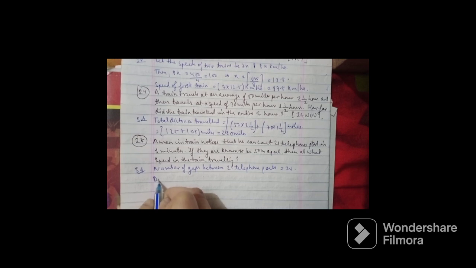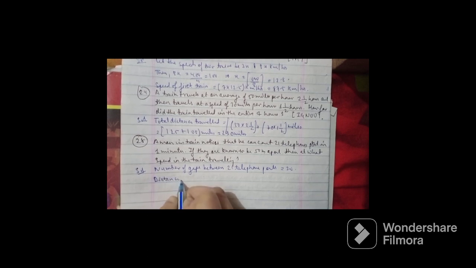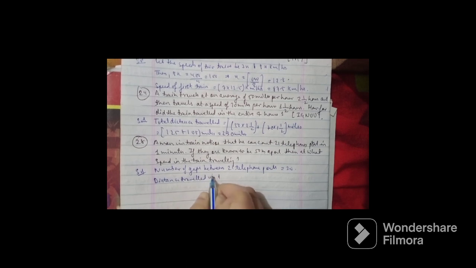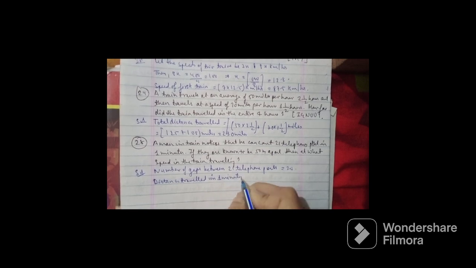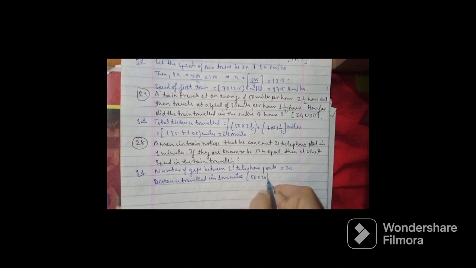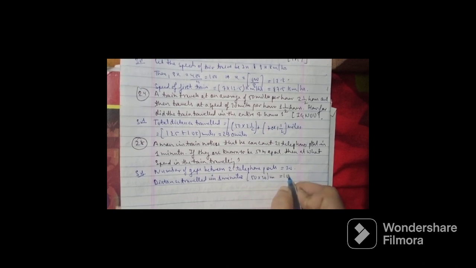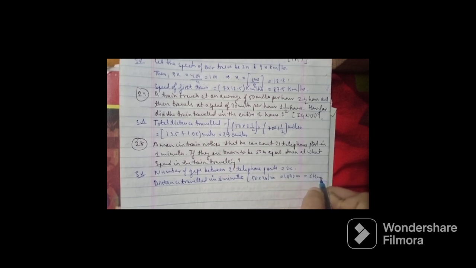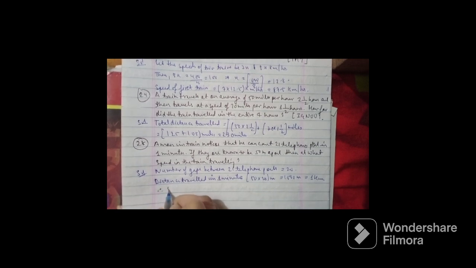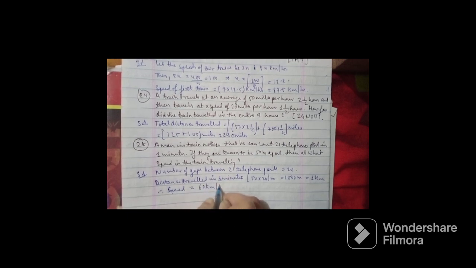Distance traveled in 1 minute equals 50 into 20 equals 1000 meters in 1 minute, which equals 1 kilometer. So speed equals 60 kilometers per hour.